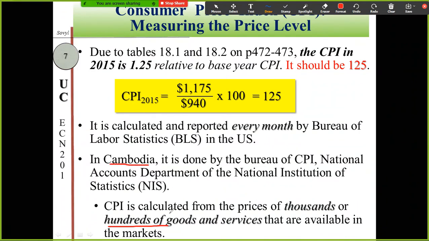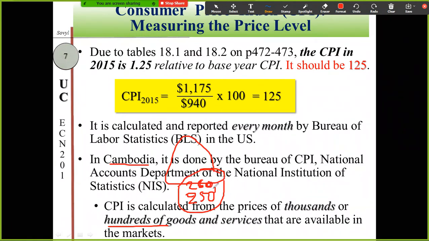The standard basket for CPI in Cambodia is about 250, sometimes 258, from 250 to 260, about that amount that the CPI compiler in Cambodia chooses every month.